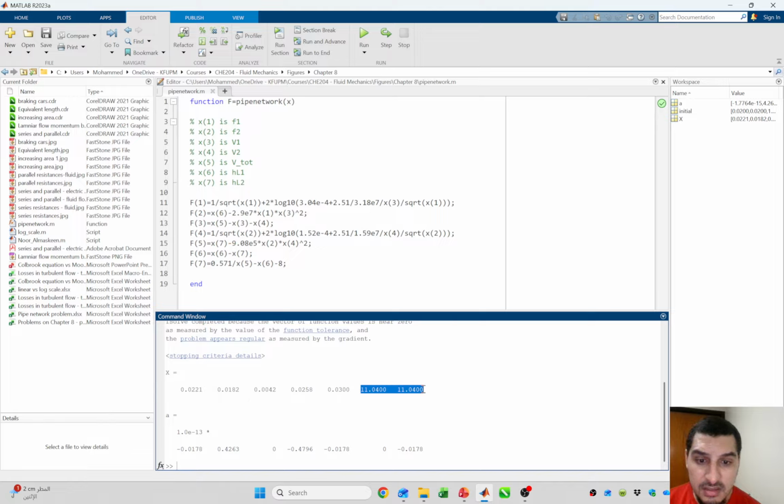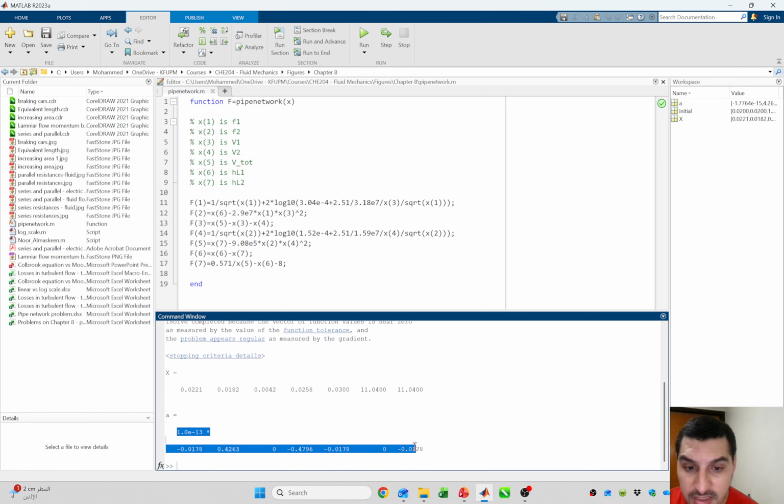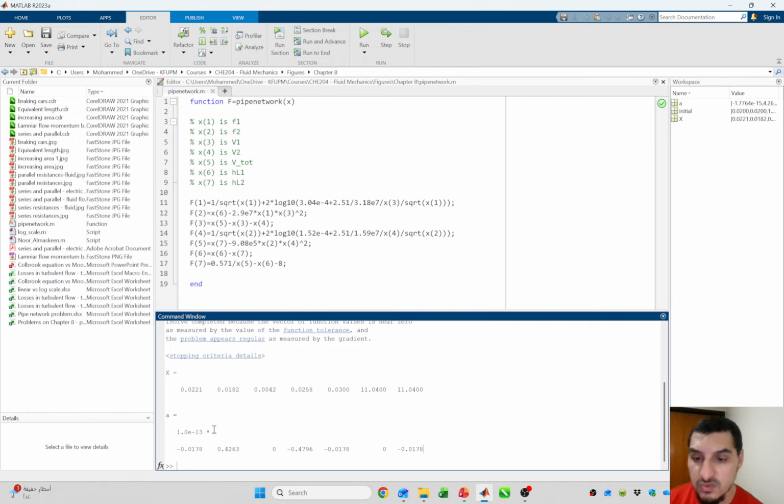And then the two head losses, which are equal. And this is the second output. Here is the error, or the difference from 0 that I want to achieve, and you see it's 10 power minus 13.